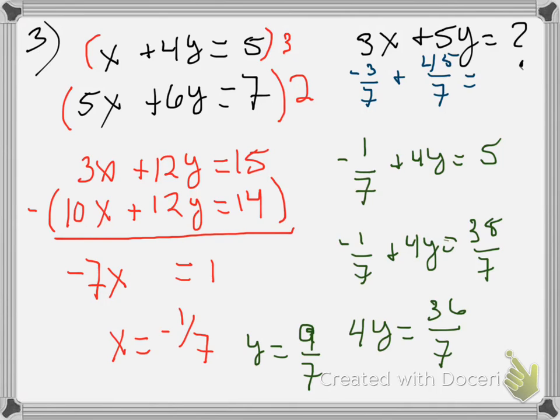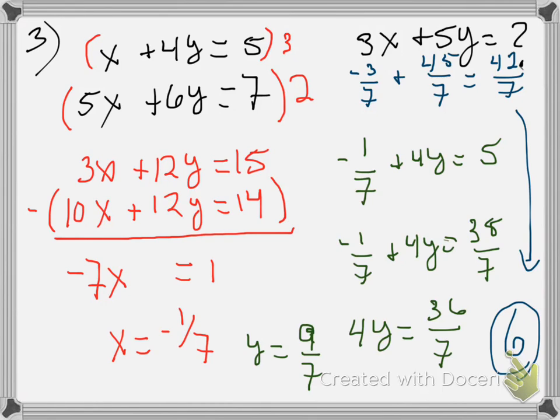Negative 3 plus 45 is 42 over 7. And hopefully we all know, 42 divided by 7 is 6. So there's our answer. Yeah, they could have given you numbers that worked out a little bit nicer, but they didn't.